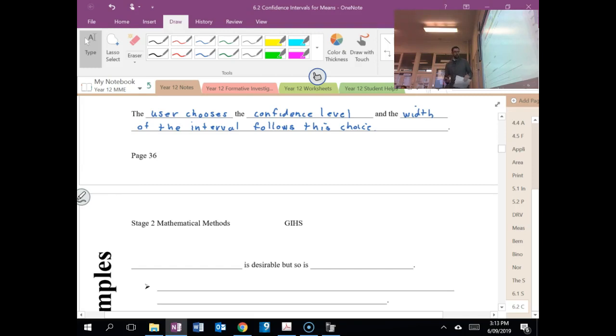So, high confidence is desirable. But so is a short interval, because you can say more about the population mean.